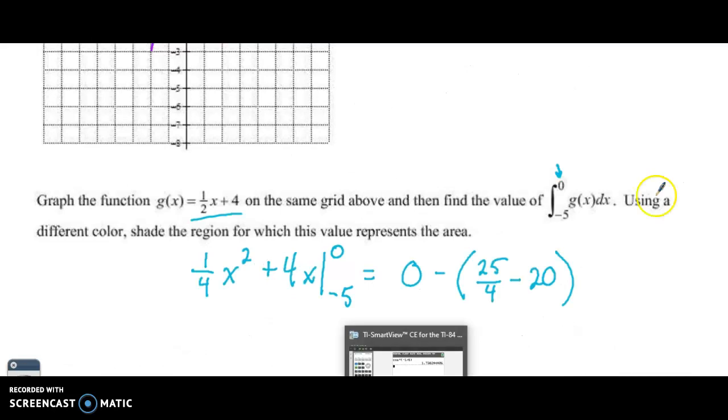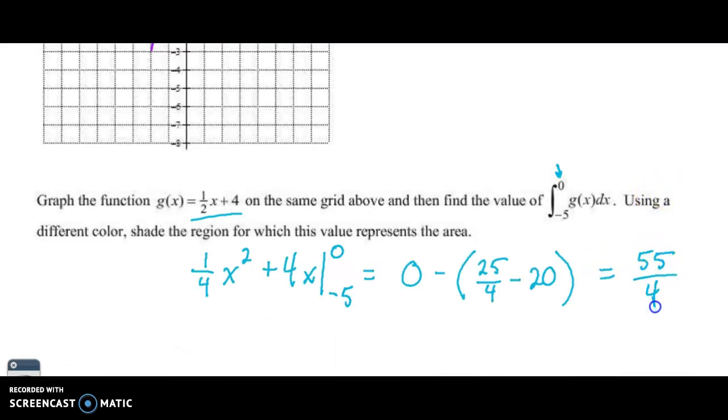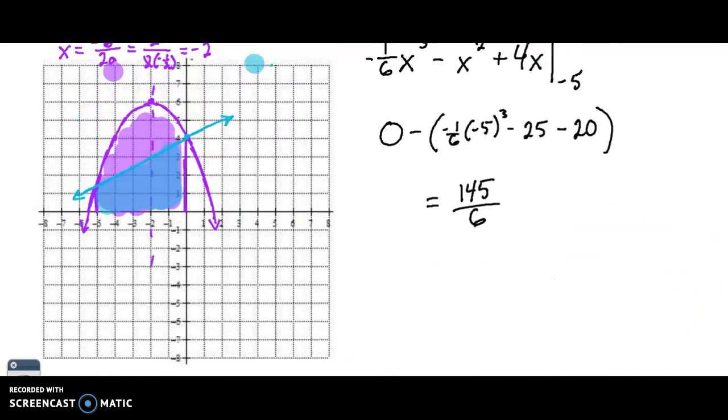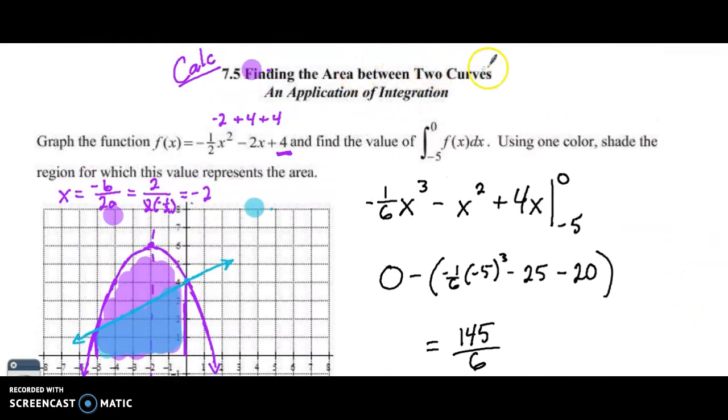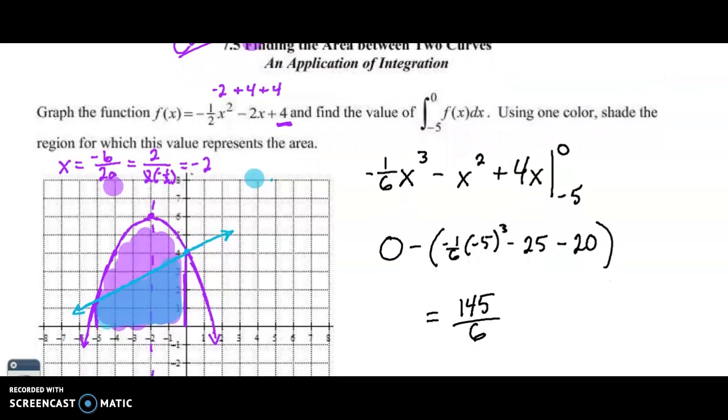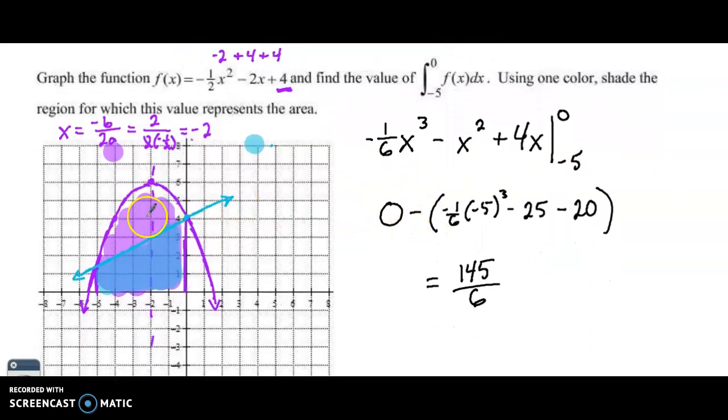So the main premise with this problem is back to the directions where we're asking for the area between the curves. So before I jump to the conclusion, what do you think the area is between the parabola, the quadratic function, and the linear function that we drew?